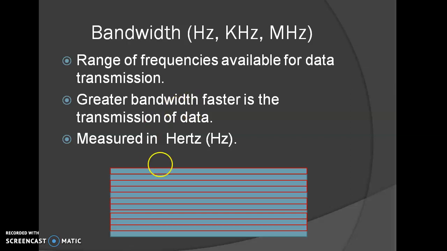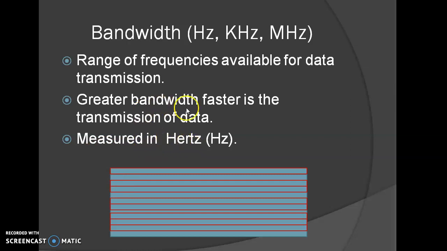Likewise here, how much frequency is allotted to you out of the available communication channel to transmit your data from the source to destination is your bandwidth. Bandwidth is measured in hertz.